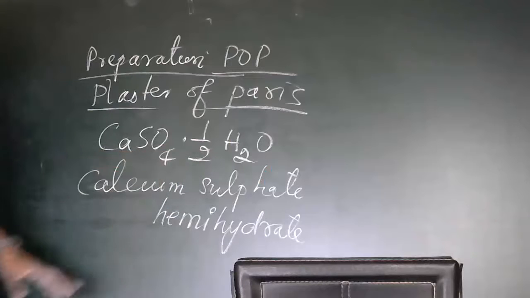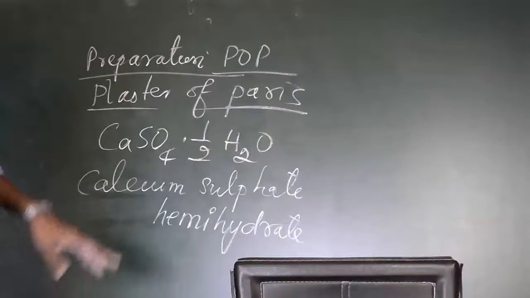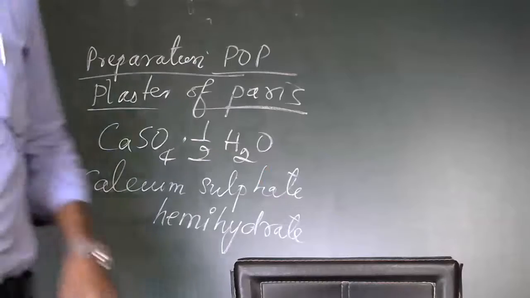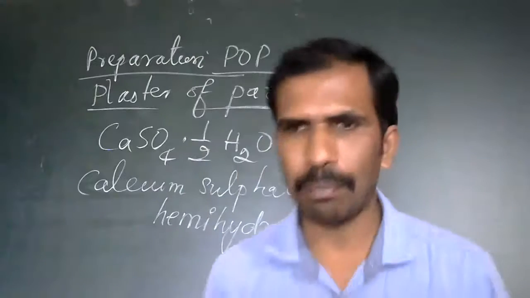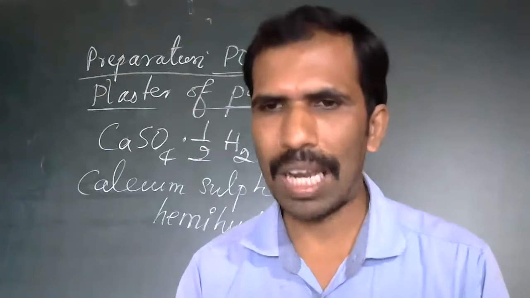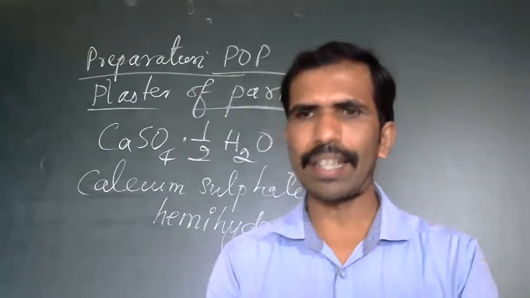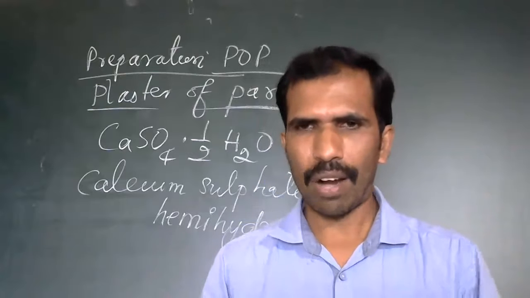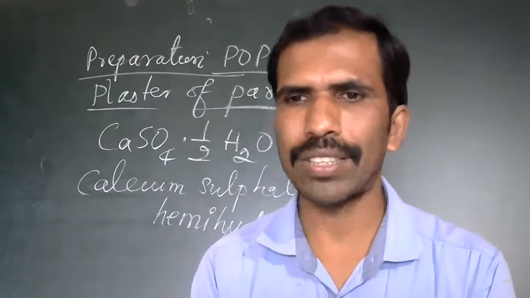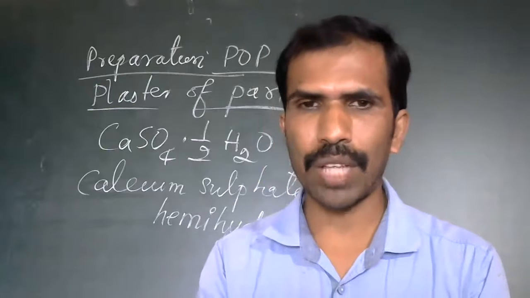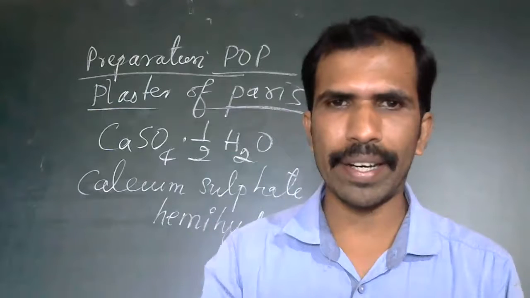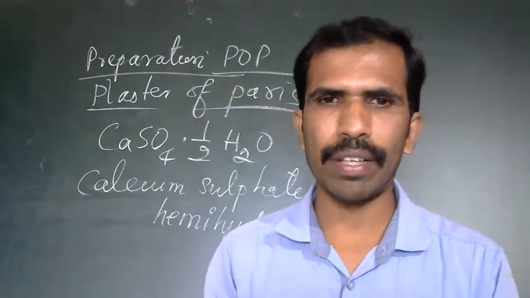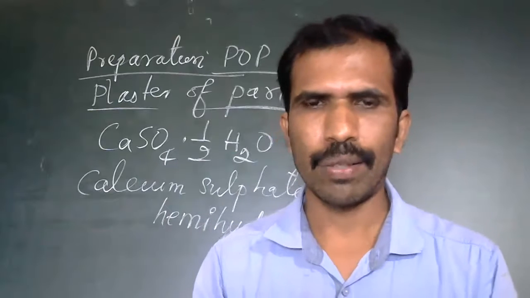Hemihydrate means there's something called water of crystallization. In compounds, there is a small amount of water hidden between the molecules. In 5 grams of calcium sulfate there are a lot of molecules, and in that calcium sulfate a small amount of water is hidden, which is evaporated when we provide heat.